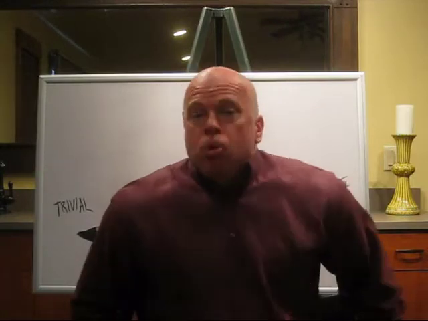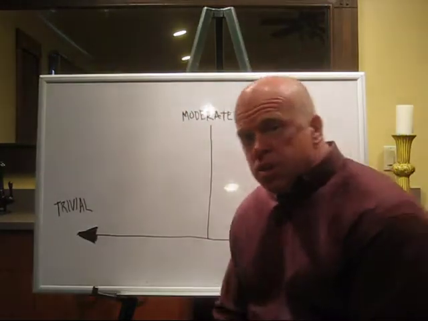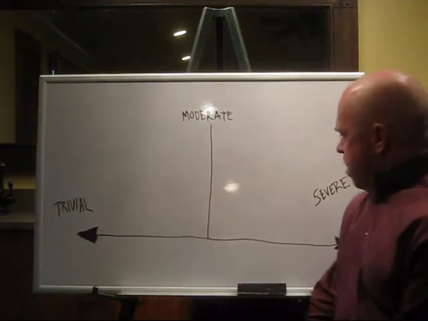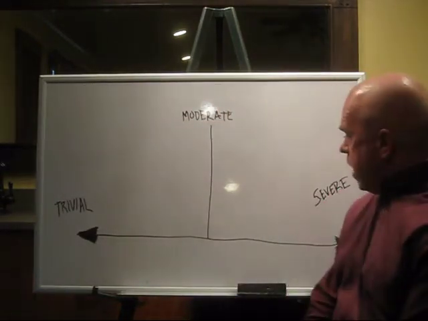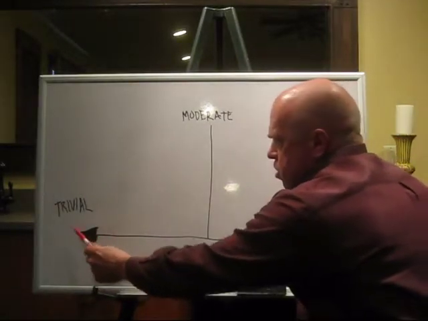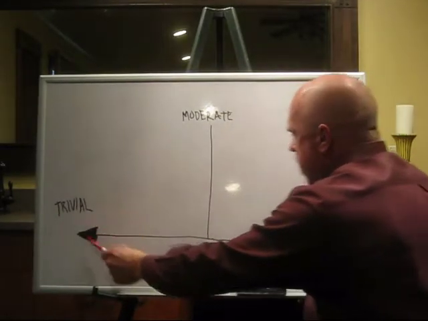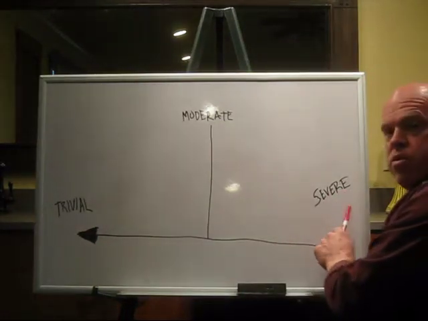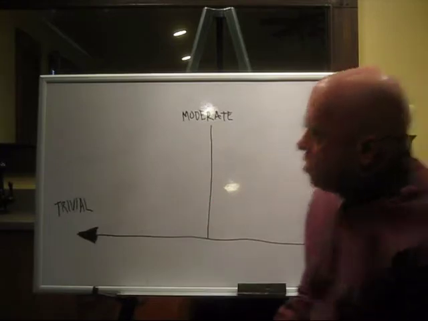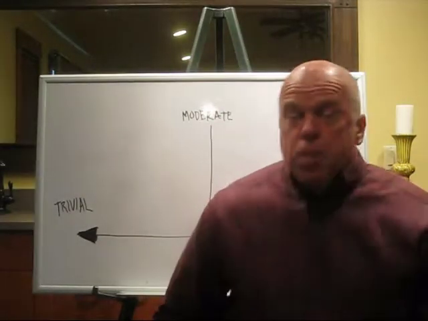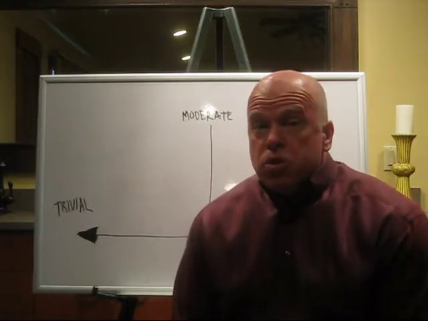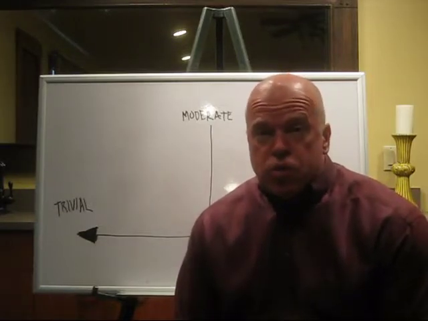Okay? So what I want you to do is consider a mechanism of injury continuum. And I hope you can see this. This continuum ranges from the trivial injuries on this side all the way to the severe injuries on this side. And then moderate injuries would be somewhere in the middle. Okay? So let's begin with a discussion of the severe mechanism of injury.